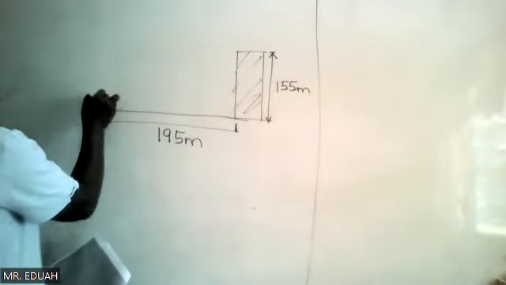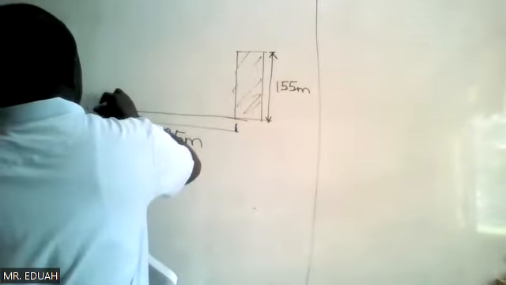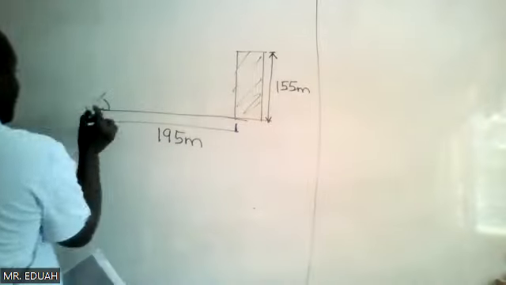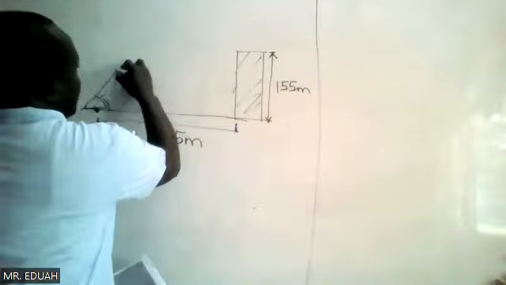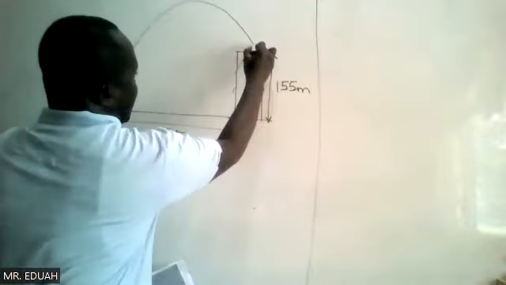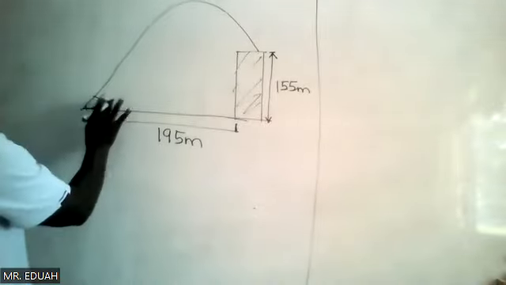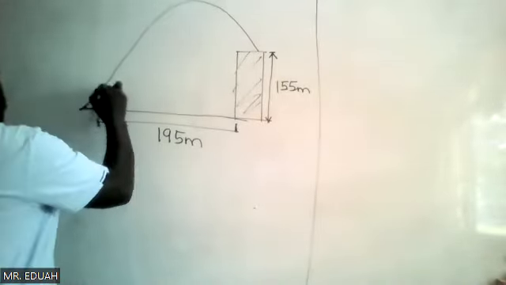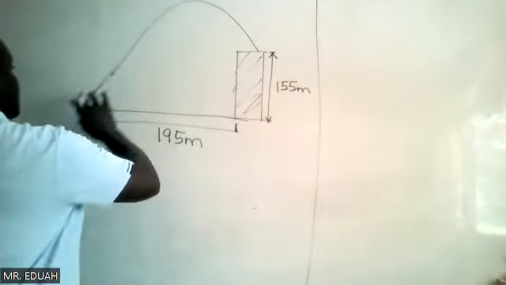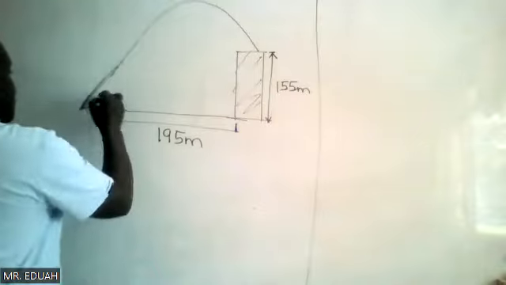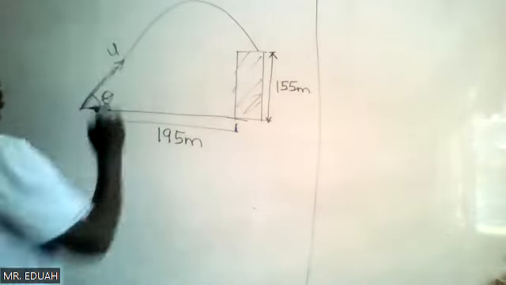So let's draw something to represent the trajectory. This body is shot at an angle, gets to the maximum height and lands on the building. The angle of projection, we don't know: theta. The velocity of projection, we don't know.